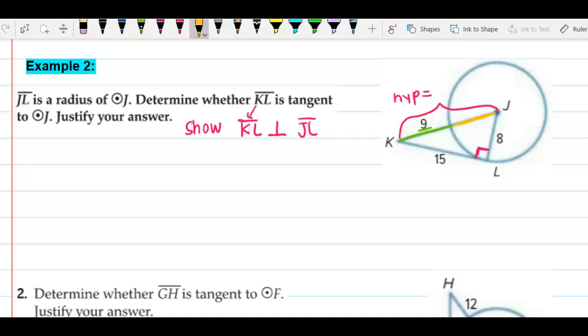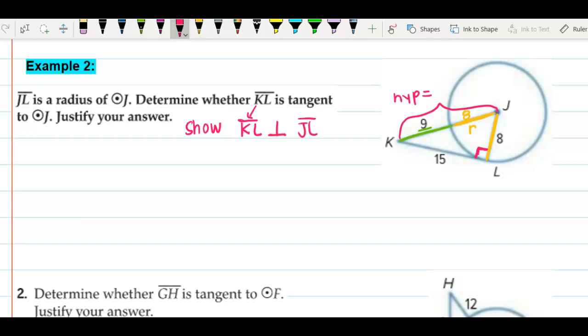That orange piece, I'm not sure what it is, but if I go from J out to the side of the circle, that's a radius, whatever R is, which conveniently we already have labeled as 8. These two are the same.